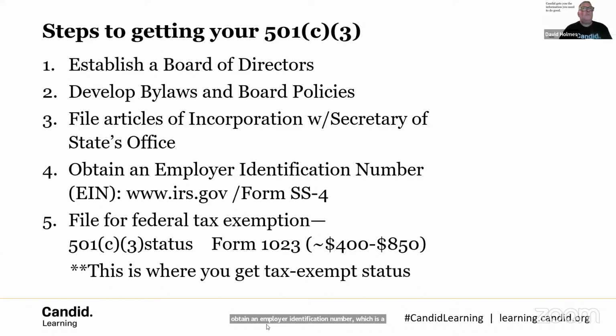And then you file what's called the 1023. And there are various versions of the 1023. There's a shorter version and a longer version, and your ability to do that depends on how many assets you have, whether you file one or the other. But it is an application to become a tax-exempt organization. And there's a lot of questions and a lot of detail.